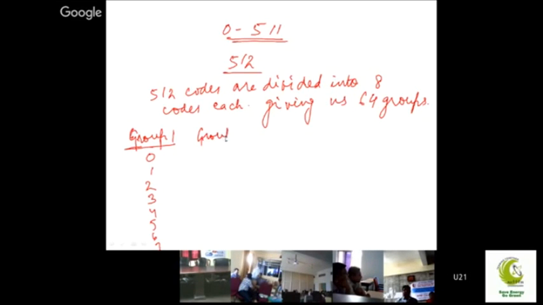Similarly, group 2 will be 8, 9, 10, 11, 12, 13, 14, 15.